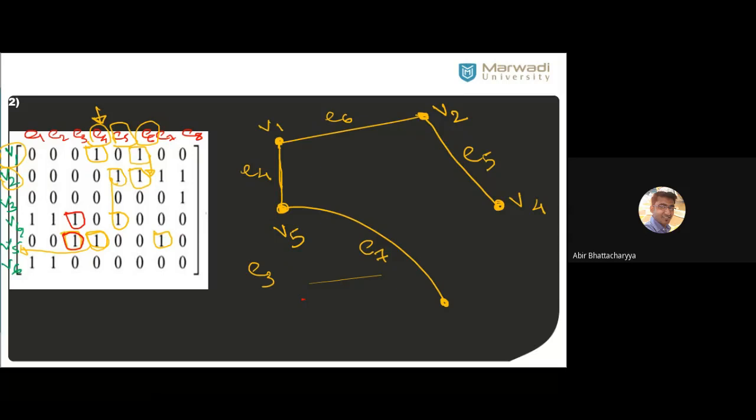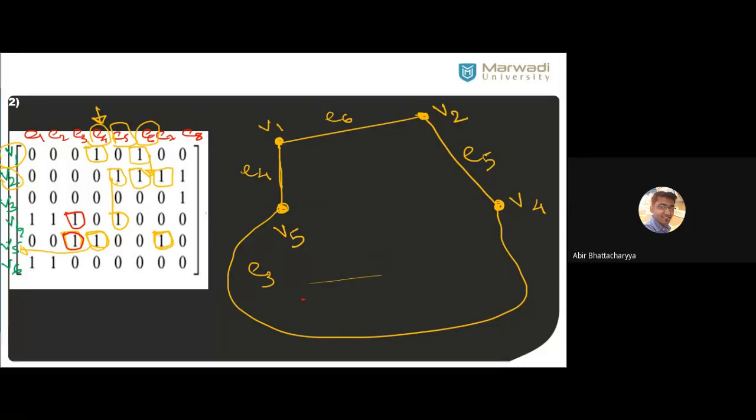So join them, V5 and V4. Correct? This is your E3. Similarly, next is E7. The other end of E7 is V2. Already V2 is there, so we don't need to introduce another vertex. So E7 will directly connect with V2.